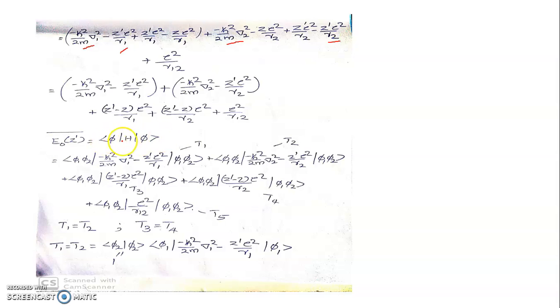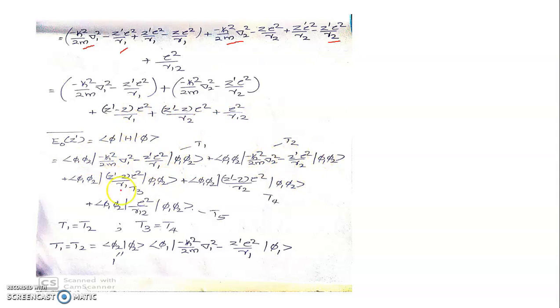So this is equal to the scalar product of phi, H, phi, that is the scalar product phi1 phi2, with H written here as minus h bar square by 2m del 1 square plus etc. All these 4 plus 2, 6 plus 1, 7 different terms are to be separated. This is for the first electron and this is for the second electron.